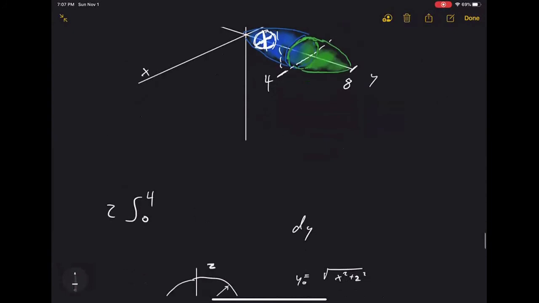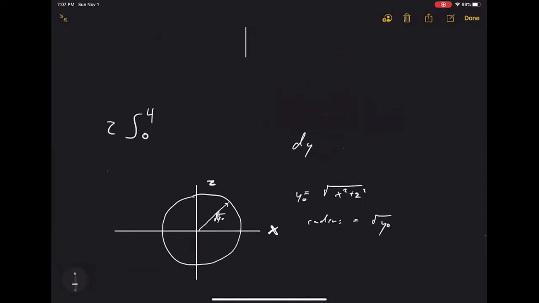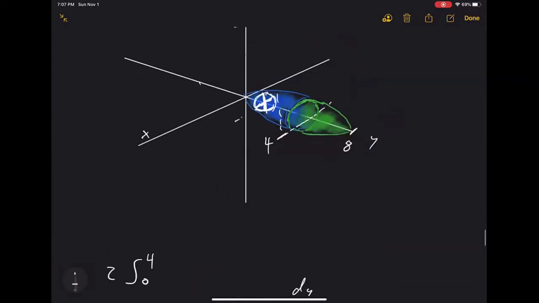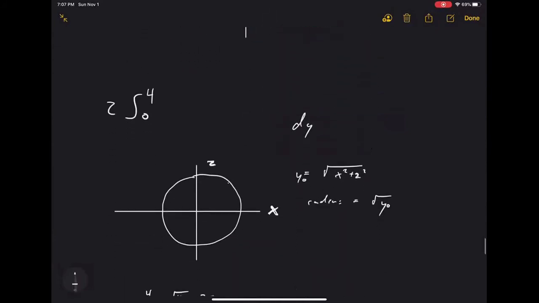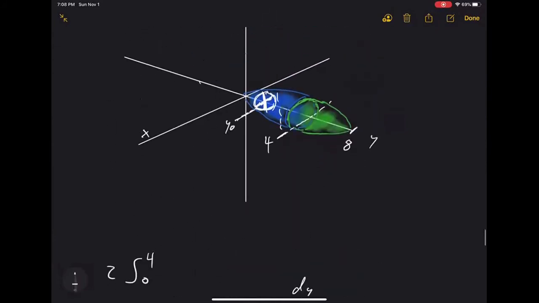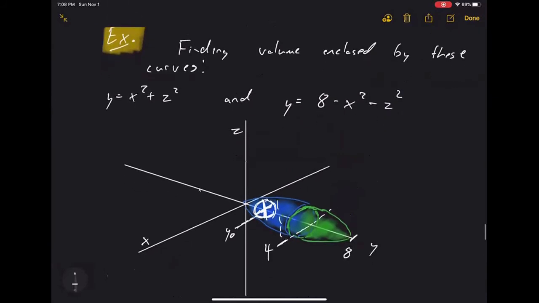And the cross section is a circle. Let's say I'm at a particular y value, y sub 0. What does that circle look like? Well, this blue region is this curve.